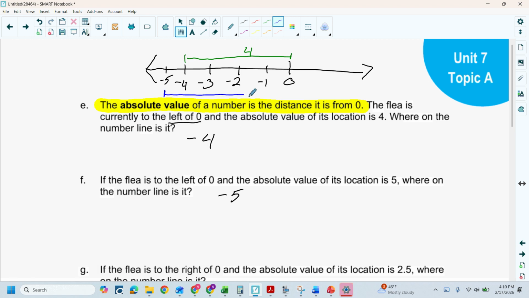From here to here is 5. So if it's left of 0 and its absolute value is 5, so the distance from that point to 0 is 5, then it's got to be at -5.